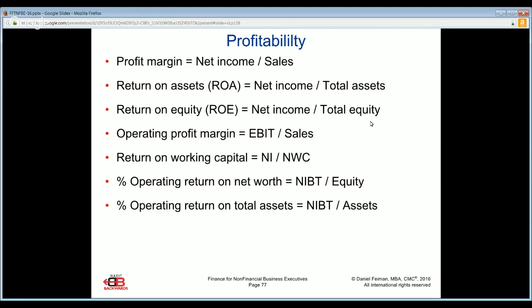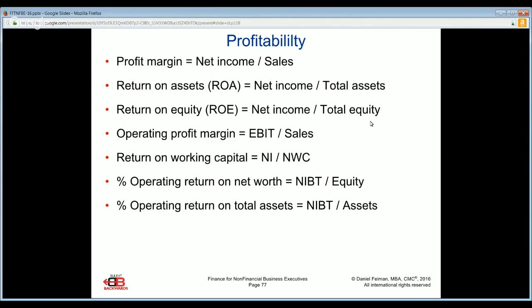Our profit margin, of course, is something that we're always quoting. Are the sales we're creating generating the income we expect? Are the margins satisfactory? Then if we jump down to our operating profit margin, we go from a net income up to our operating profit. Now the difference between these two: profit margin is the net of the organization. Operating profit margin is the net based on management choices, management decisions.